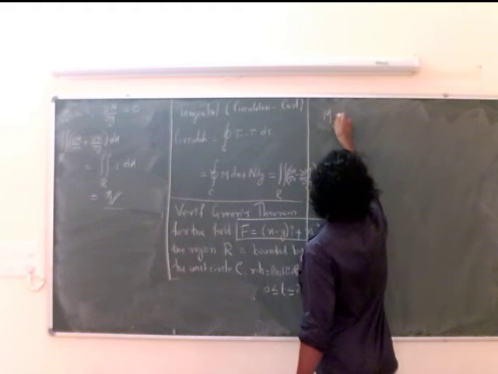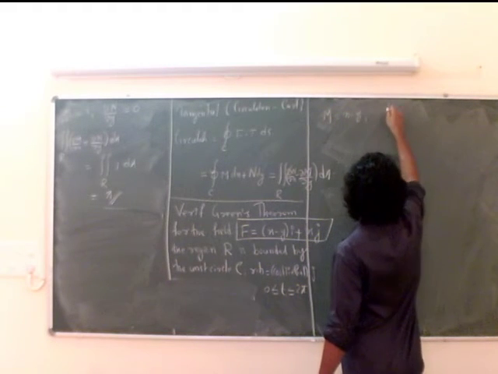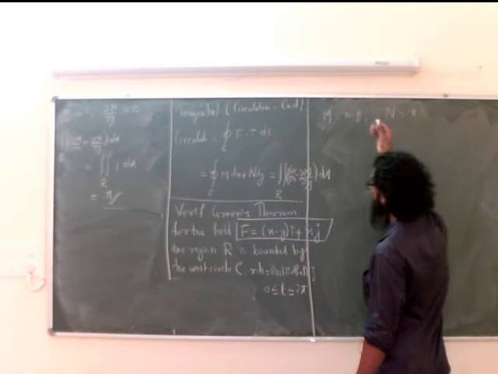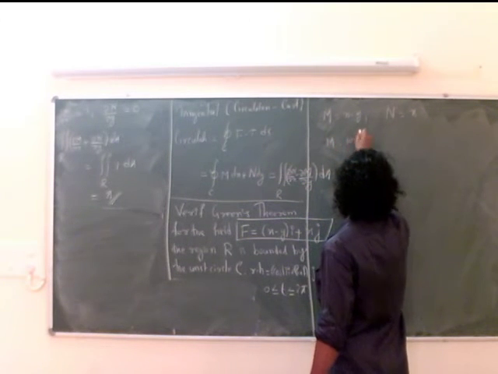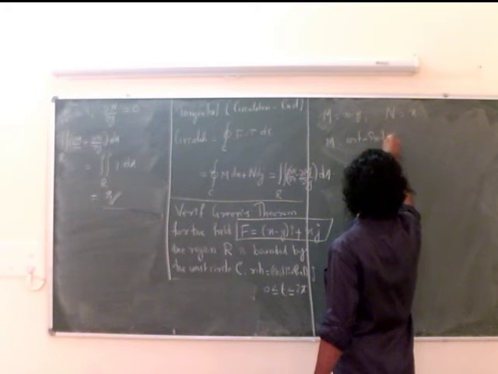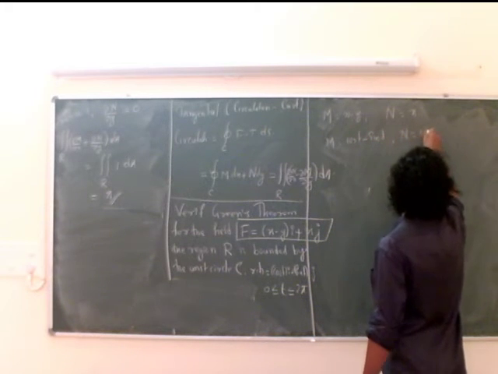My m is x minus y, n is equal to x. So along C, m is equal to cos t minus sin t, and n is equal to cos t.